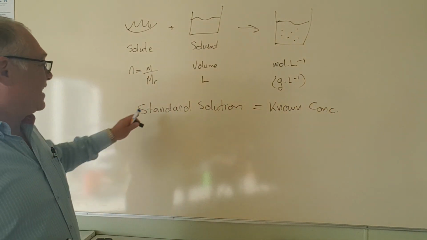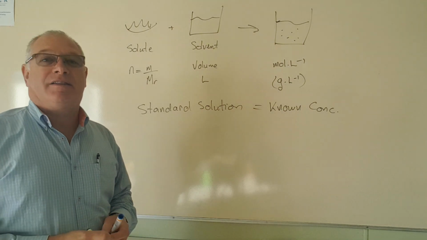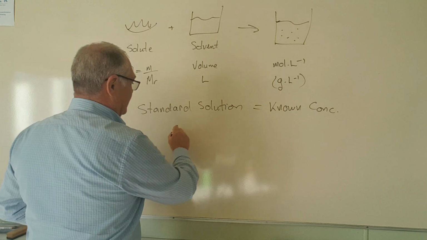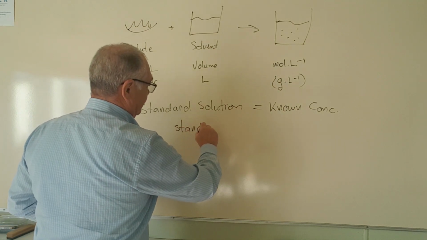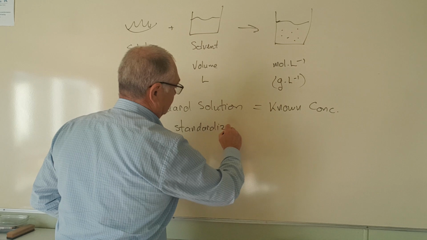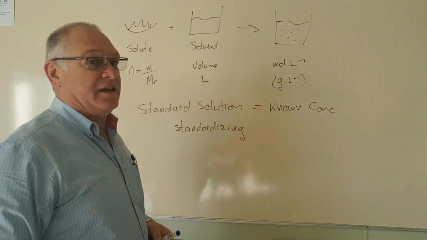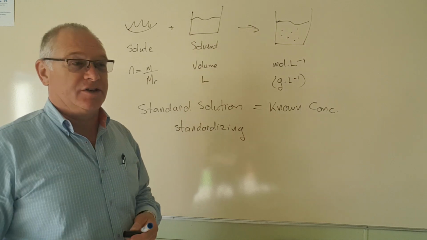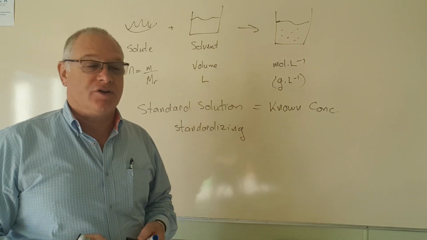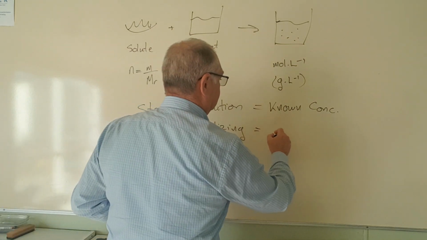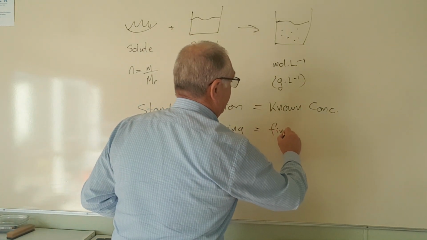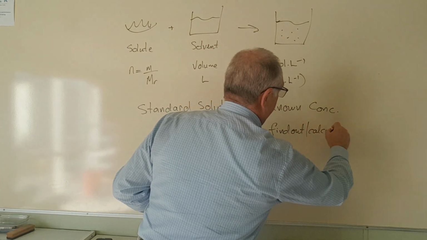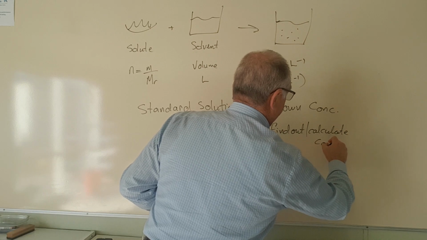Standard solution is the noun that we name it, and standardizing a solution means that we are actively working out the concentration, usually by volumetric analysis. So standardizing is to find out or calculate the concentration.